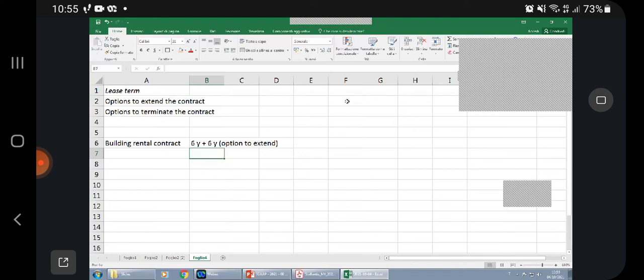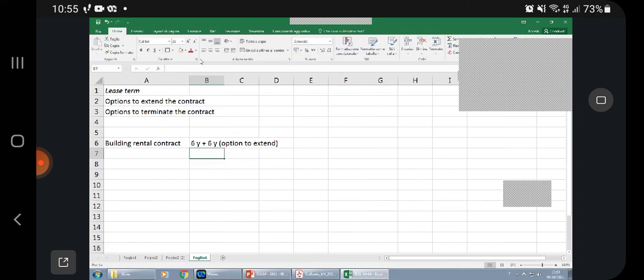Okay? So if at the end of the last year the company would find a more convenient contract, it is not a problem to relocate everything.